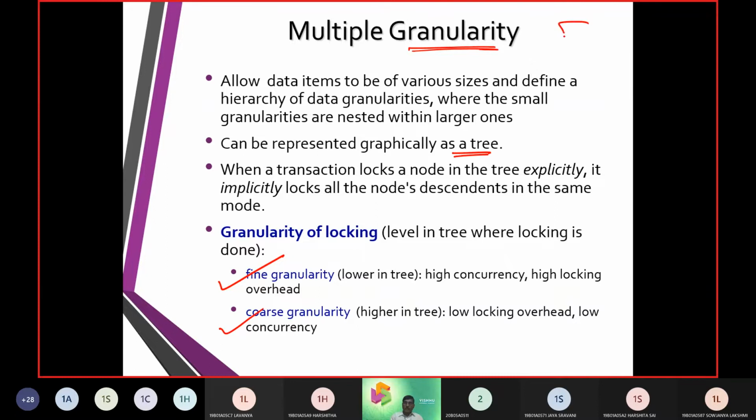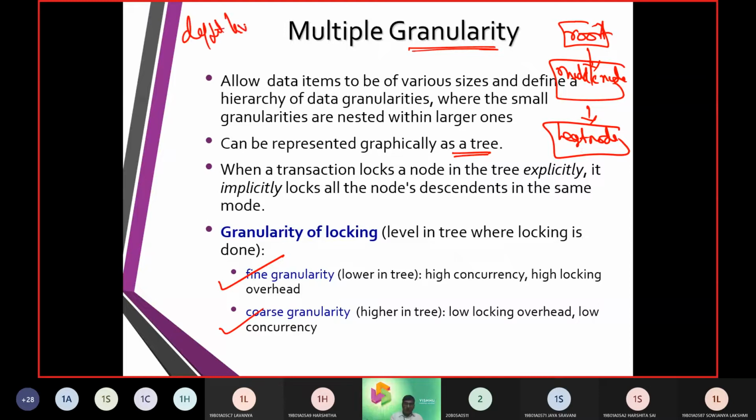So it is going to start with the root node, followed by the middle node, then it moves to the leaf node. So root node, middle node, and leaf node. It moves into different levels.